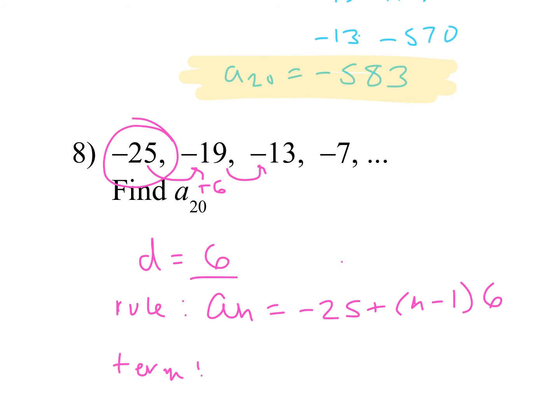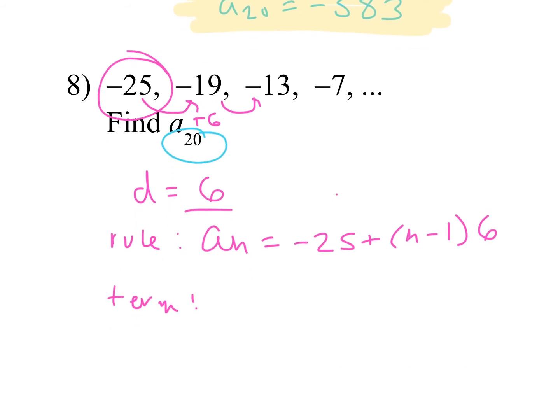Then we find our term. It asks us to find the 20th term here, so we're going to plug in 20 for n. So a sub 20 is equal to -25 plus 20 minus 1 times 6. So 20 minus 1 is 19, and 19 times 6 is 114.